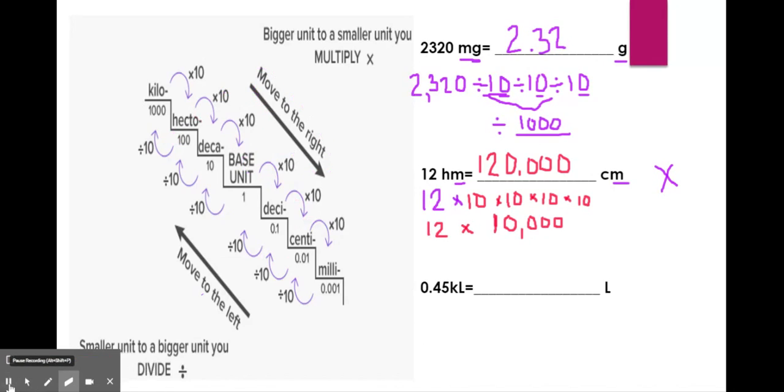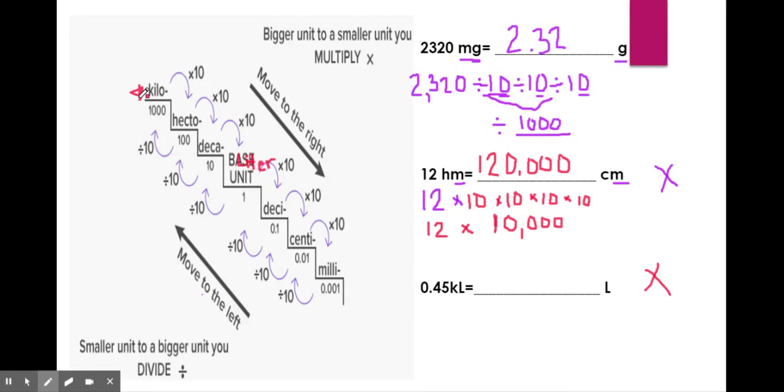Next, we have 0 and 45 kiloliters equals how many liters? So our base unit now is liters. And we are moving from a larger unit to a smaller unit, again, which means we're going to multiply. We have kiloliters here. I'm going to put a star beside it.